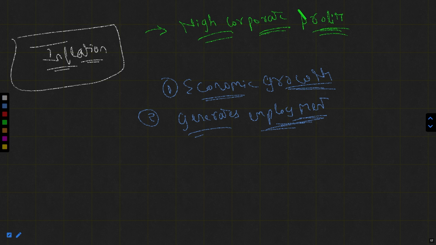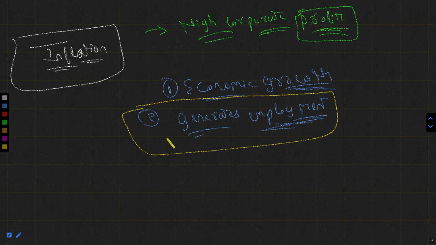So this profit will be used by them to invest further. That's how economic growth could be brought up. And when they expand, they will require more and more manpower. So that's how employment is created.